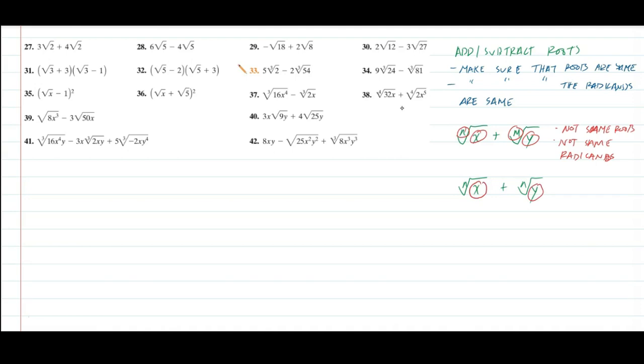So it's quite restrictive in what you can add and subtract based on the rules. So now it's not the same radicand, and because of that, you got to leave it alone. You can't mess with it, right? I realize that the roots are the same. That's very nice, but the roots are the same and the radicands are not, so you got to leave it alone, all right? All right, scenario number 3.